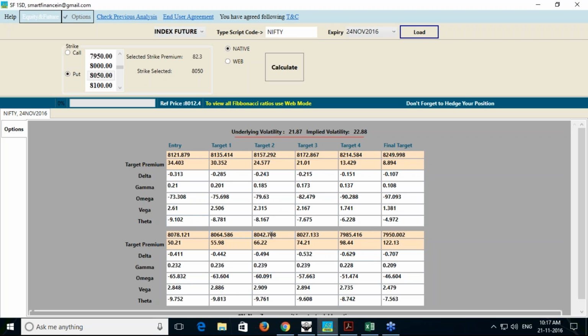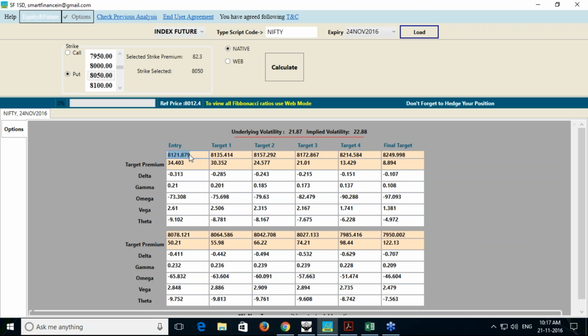First, analyze the price. I'll summarize these things. First, load the data, analyze the future price, and post that you need to choose a strike. So choose a strike near the downtrend starting point for the put option, and choose a strike near an uptrend price point for a call option, say the 8121 level.